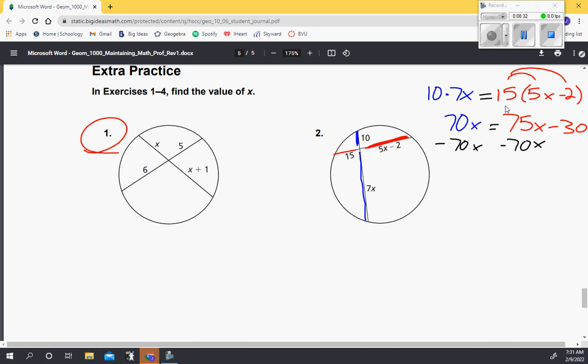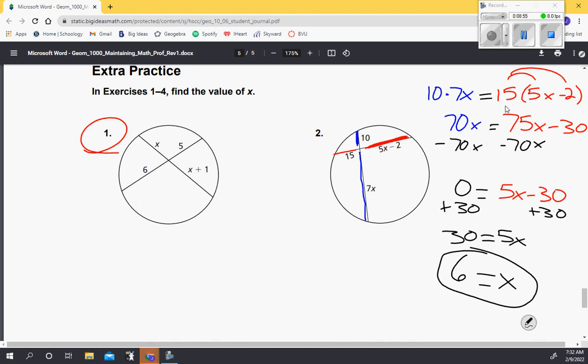So I get 0 is equal to 5x minus 30. I'm going to add 30. So 30 is equal to 5x. Divided by 5, x is equal to 6.